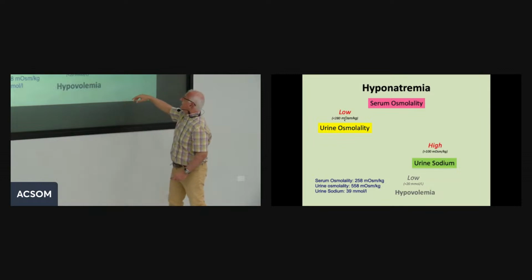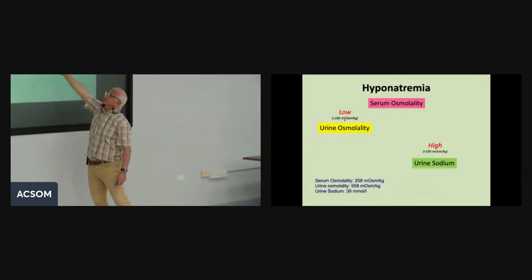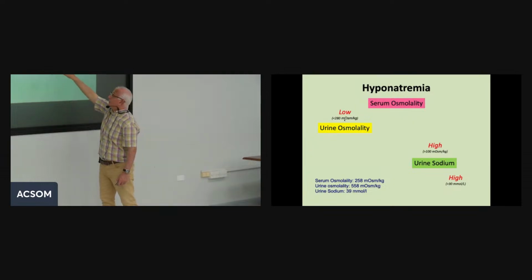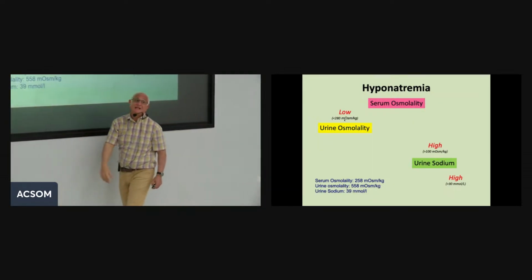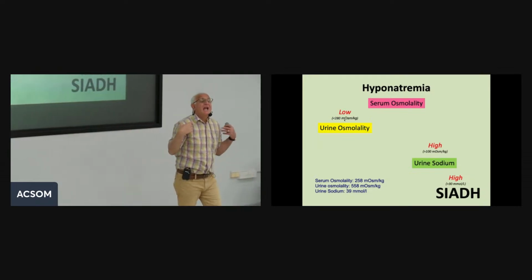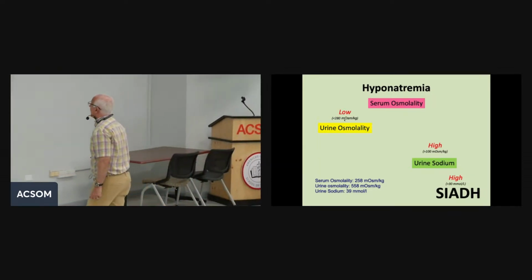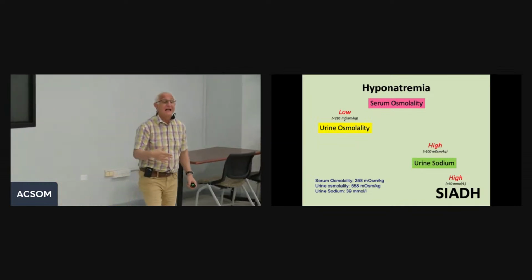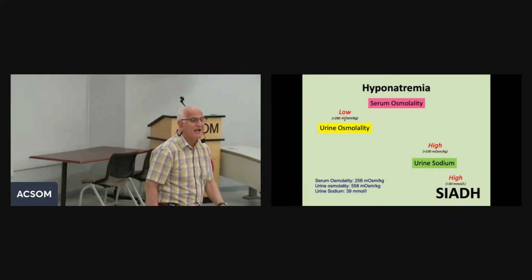And we'll talk about it later. But if my urine is concentrated and my urine sodium is not low, or it is more than 30, I have AVP that is secreted for no reason. I have SIADH, syndrome of inappropriate ADH secretion, or AVP secretion.